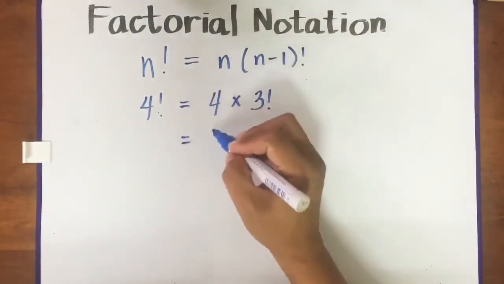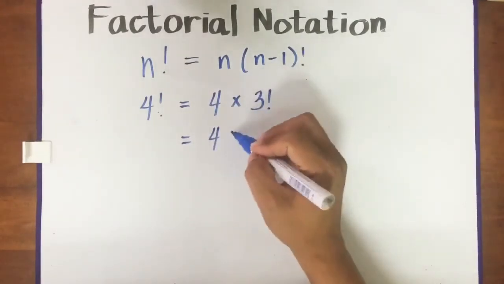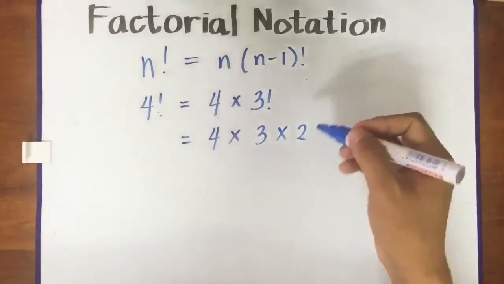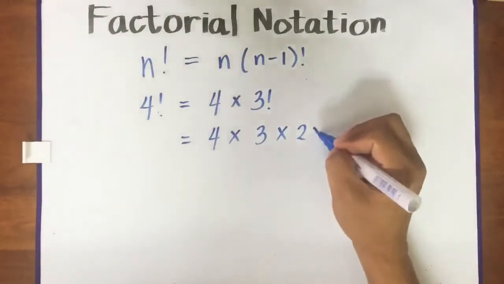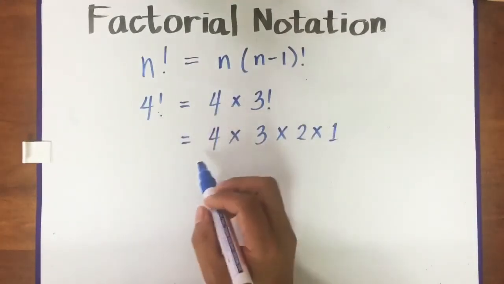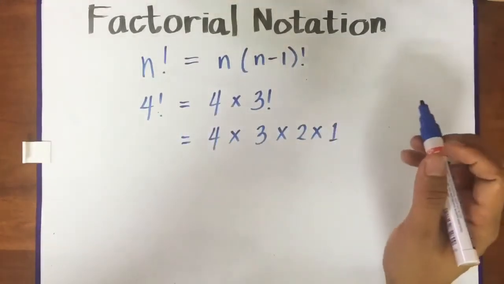So I can change 3 factorial to 3 times 2 factorial, but 2 factorial is equivalent to 2 times 1. So basically 4 factorial can be written as 4 times 3 times 2 times 1.